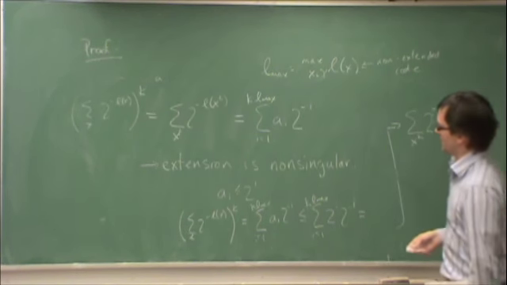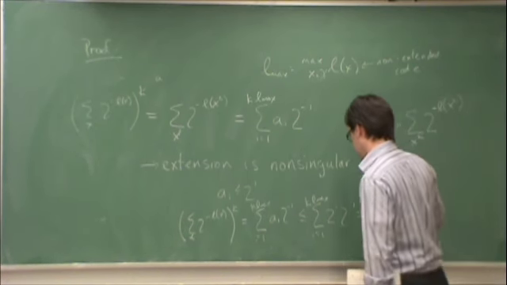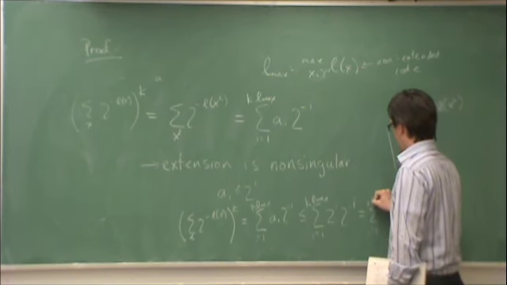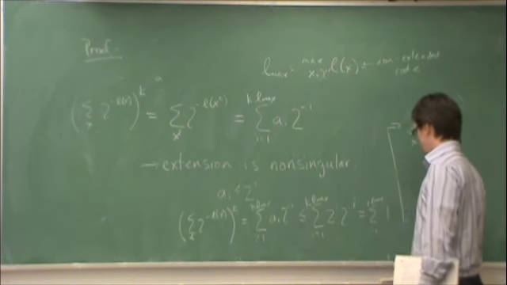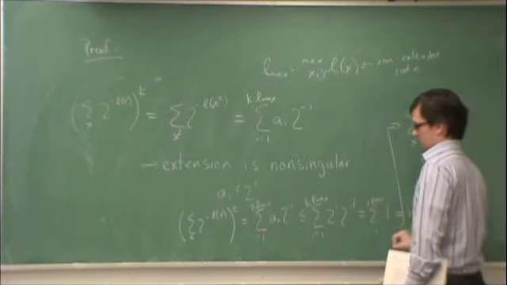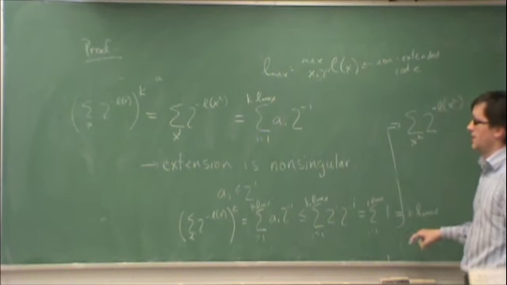Okay, sorry about that. That should have been k L max, and now I'm back. So this is equal to the sum from i equals 1 to k L max of 1, which is equal to k L max. So in other words, this to the kth power is less than or equal to k L max.